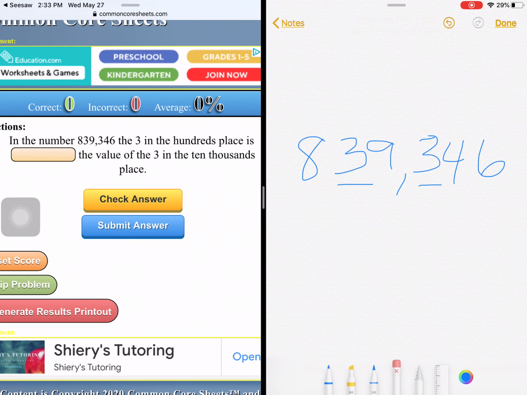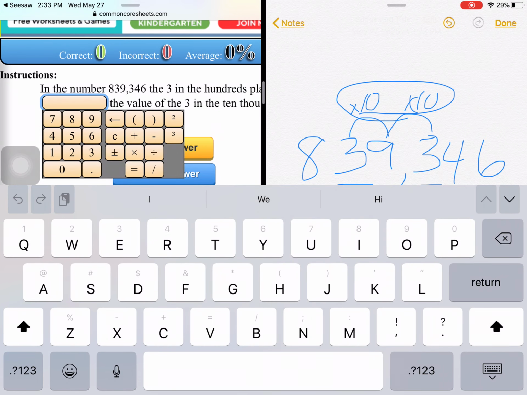So let's see first how many places my 3 is moving. 1, 2, and this is times 10, and this is times 10 more. Remember, 10 times 10 is 100, so I'm going to say it's 100.